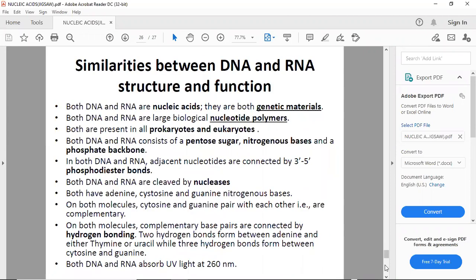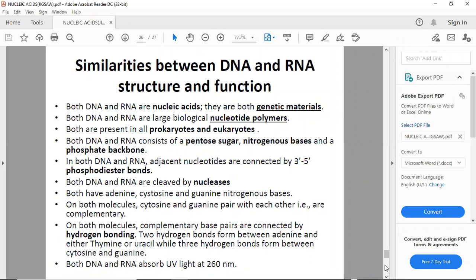Then comparing and contrasting. If we are asked to compare and contrast between things, we are simply being asked to write the similarities and the differences. Similarities between DNA and RNA: from what we've looked at, the first thing was the definition of nucleic acid as genetic material.